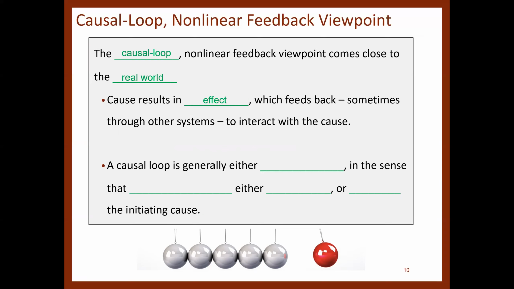Cause results in effect, which feeds back, sometimes through other systems, to interact with the cause. A causal loop is generally either negative or positive, in the sense that the feedback or the effect either counters or reinforces the initiating cause.